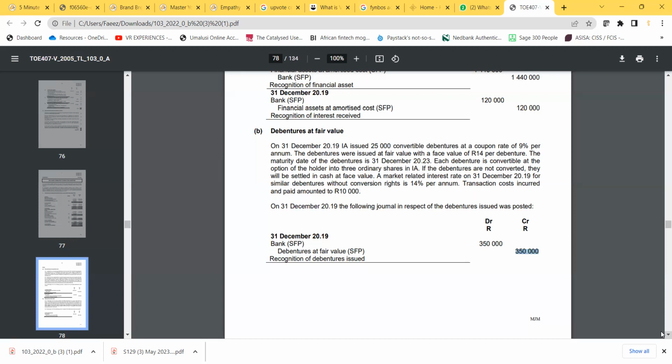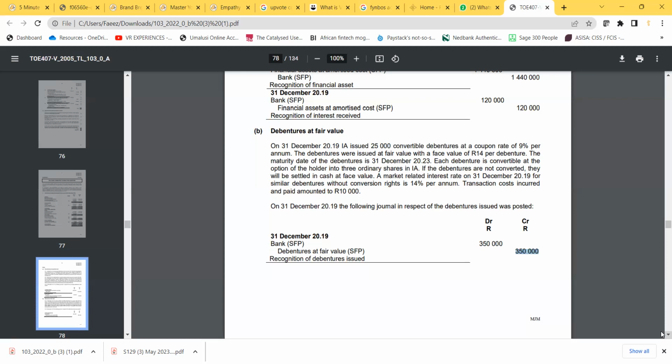If it is at the option of the company, then it depends. Sometimes you will raise a liability, sometimes you will not. It depends at the time whether the company believes it will issue a liability.